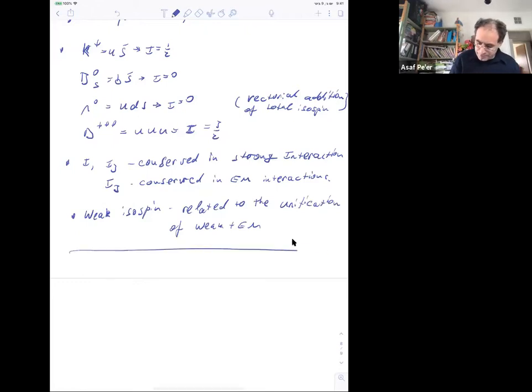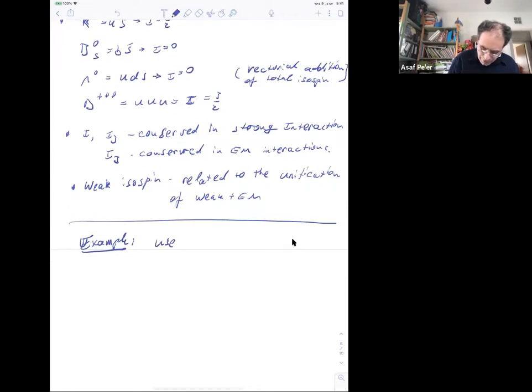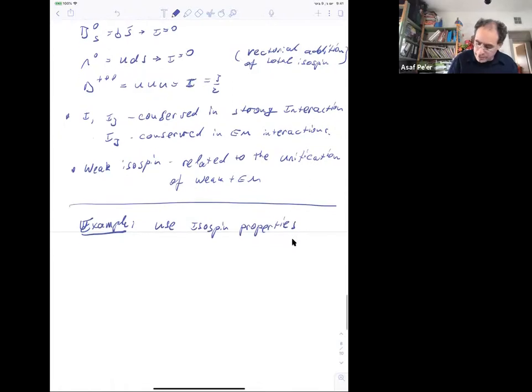So let's give an example. We use isospin properties to evaluate the scattering rates of the proton plus antiproton going into 2 pions.